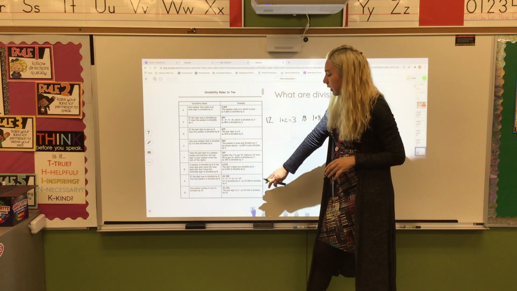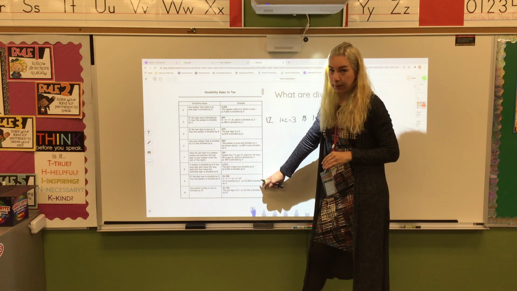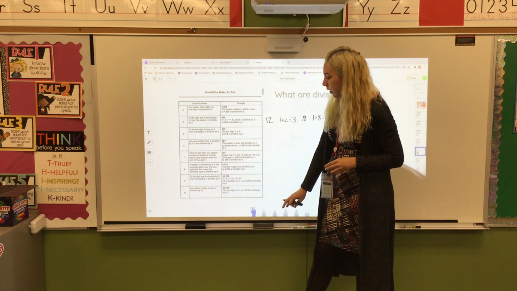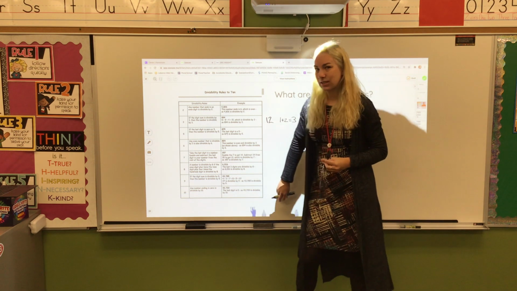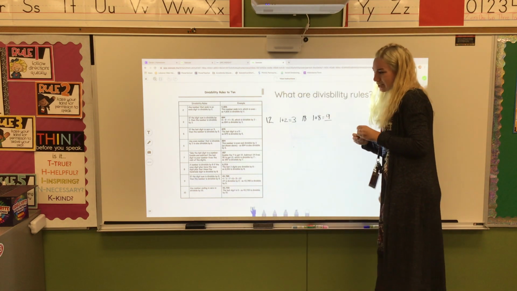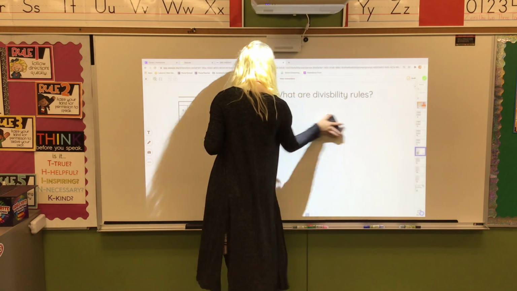So this is kind of like the 3, if you add them all up, and you get a number that you can divide by 9 evenly, then the big number is divisible by 9 evenly. Any number ending in 0 is divisible by 10. That's a super easy one. Alright, so these are just kind of cheats to help you out, to help you learn faster.